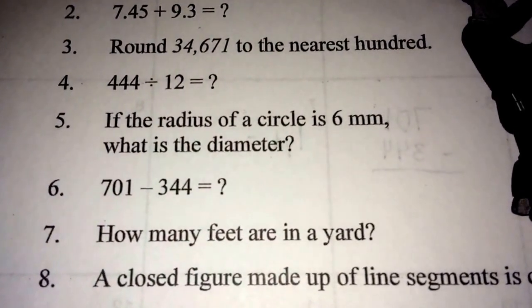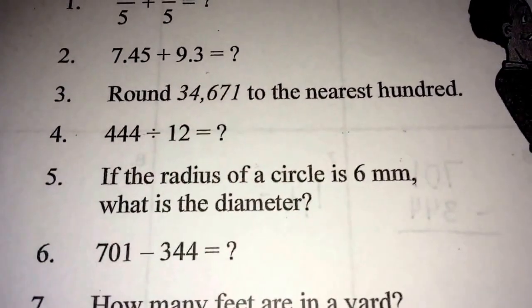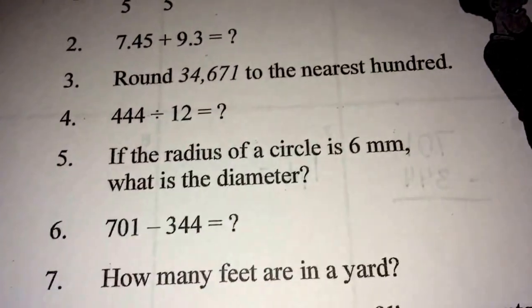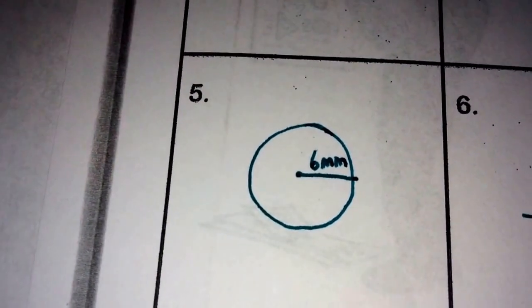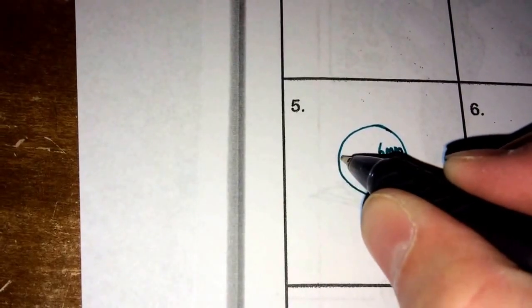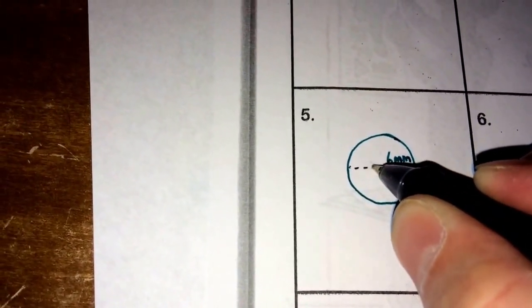So let's take a look here at question number 5. Question number 5 says, if the radius of a circle is 6 millimeters, what is the diameter? So, as you can see here on the back of my page, I've got my circle drawn, and you can see that the radius is exactly half of the circle. And I know that if my radius is half of the circle, that my diameter must be the full length across the circle.